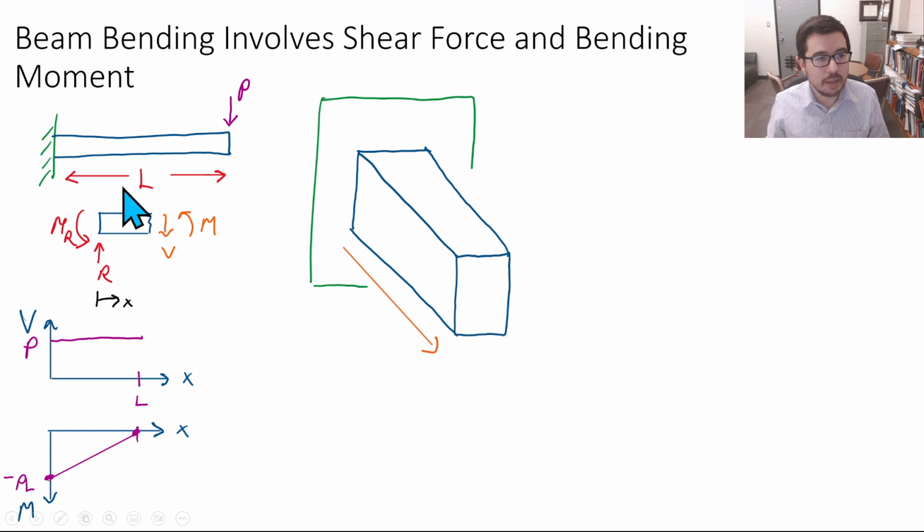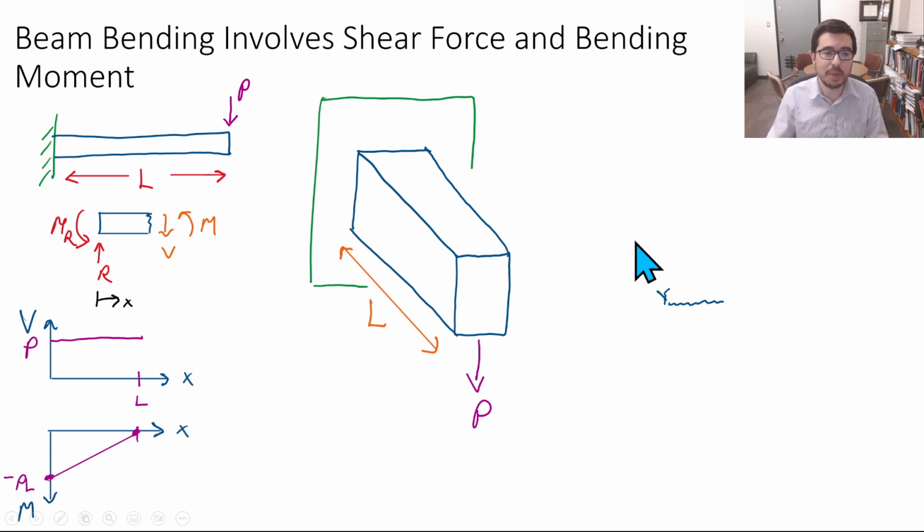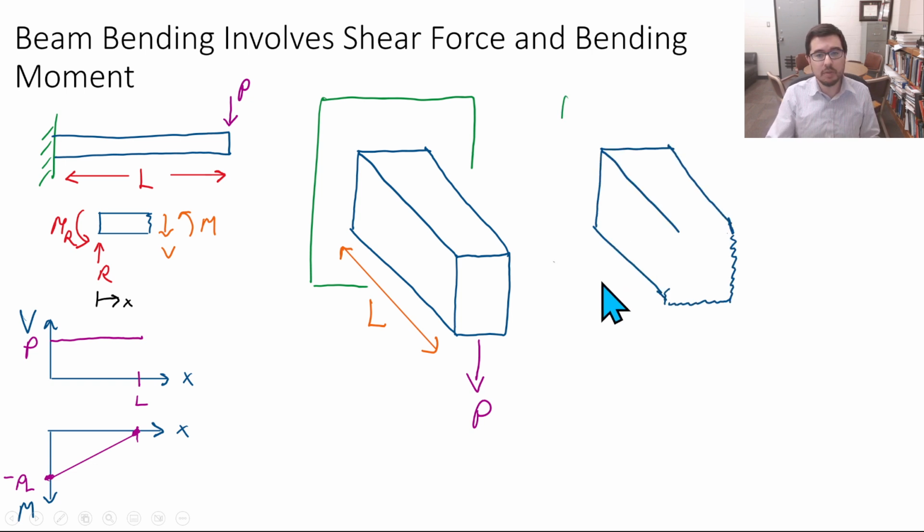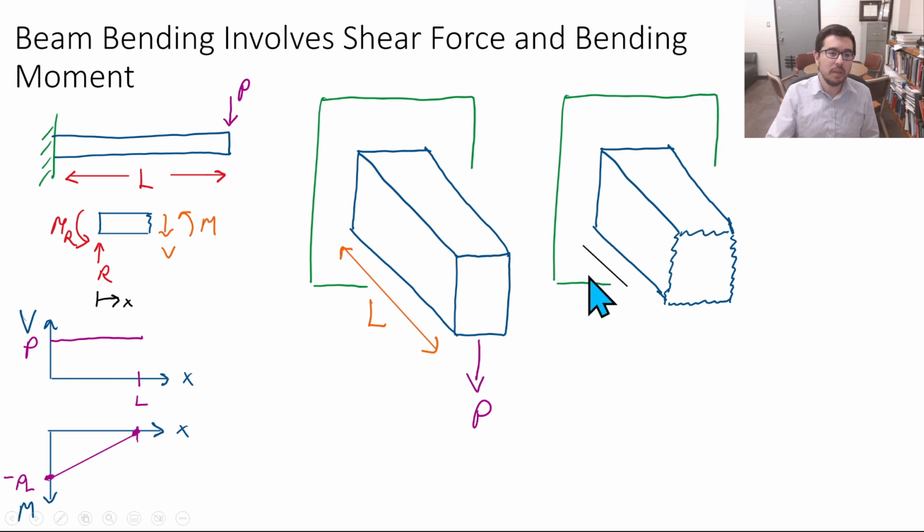Here's the length of the beam, and we have our force P acting on the end. If we take this and visualize a slice in this pseudo 3D format, what do we expect to see? Well, we go to some distance x, or we had used x1 as a coordinate as well, but this is the wall.